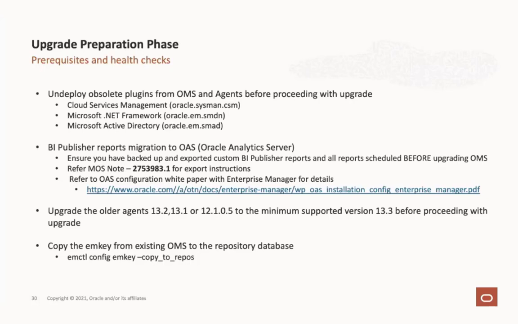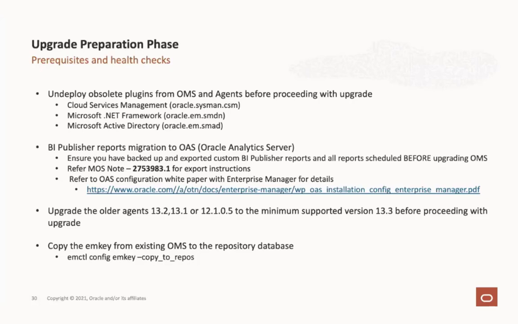So along the way, we can see a lot of older agents will still be there, because some customers still want to manage legacy databases, for example 9i or even 10.2.0.4 or 10.2.0.5, because those would have been deployed on an older version of Oracle Linux or Red Hat Linux, or older versions of the platform, where we don't support those versions with the latest 13.5.